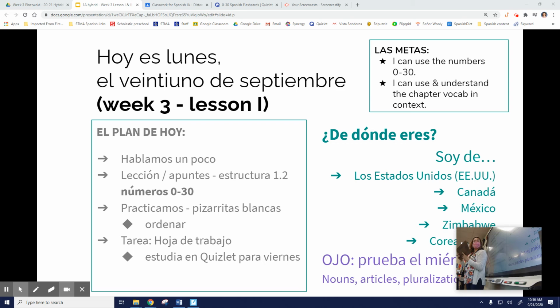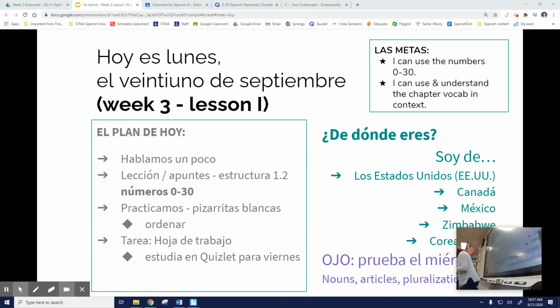Sí. Muy bien. Escribe, por favor, el número 14. 14.